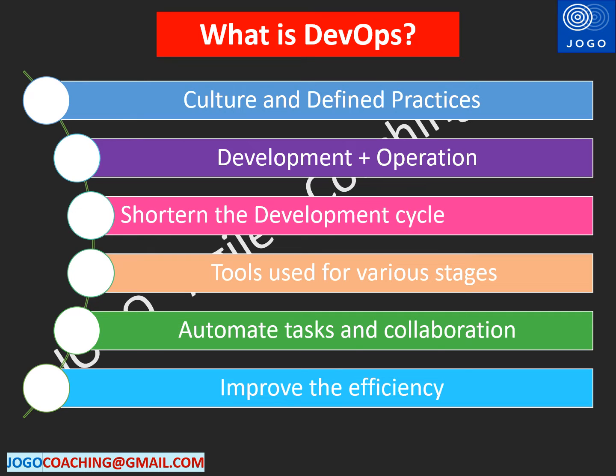The goal is to shorten the development life cycle and increase the development frequency to deliver high quality software continuously. To enable the DevOps process, many tools are used in the various stages of the software development cycle. These tools will help to automate the tasks, improve the collaboration, and improve the efficiency of the development, testing, and deployment activities.